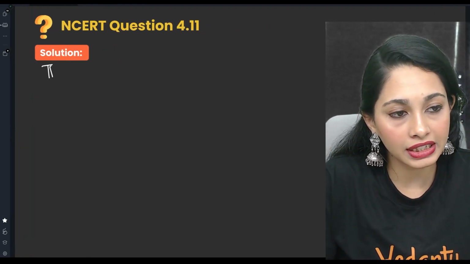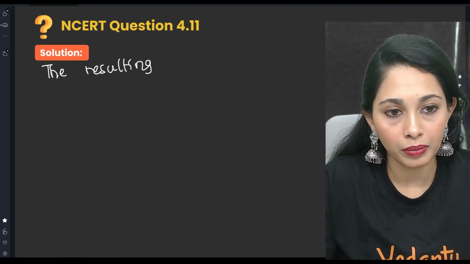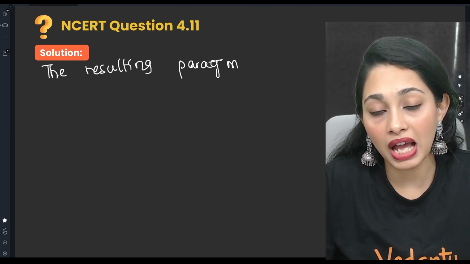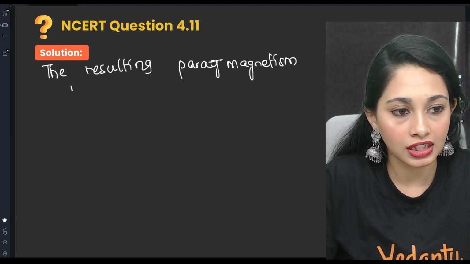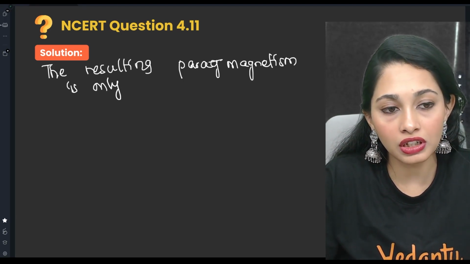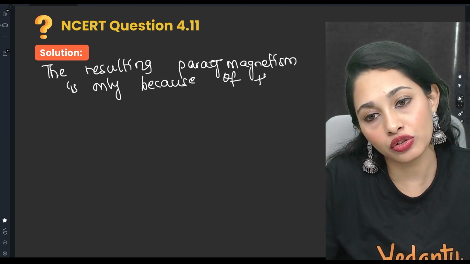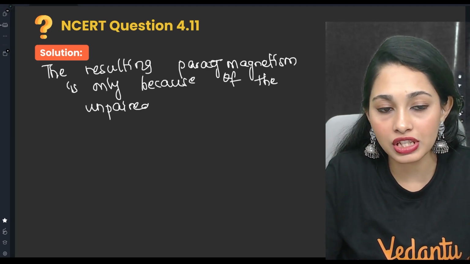So the resulting paramagnetism is only because of the unpaired electrons that are present. Because of the unpaired electrons.